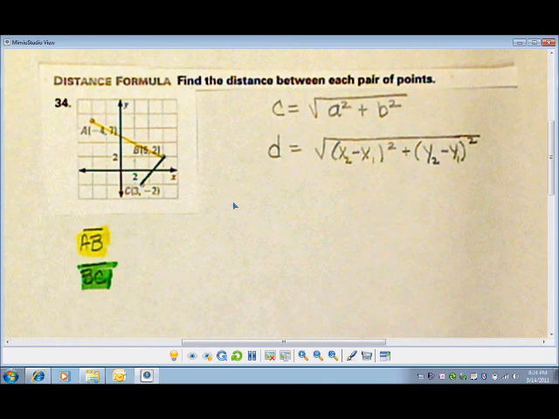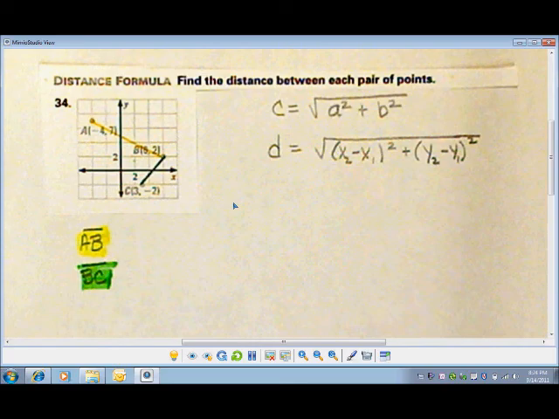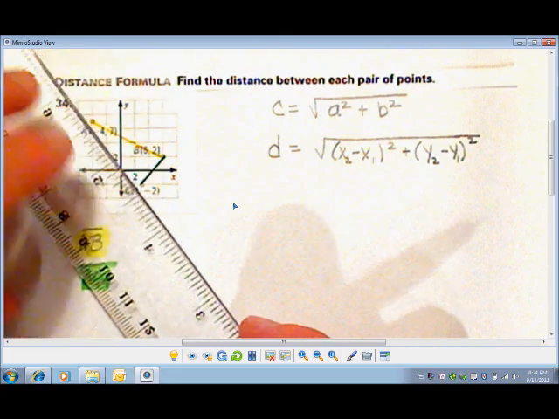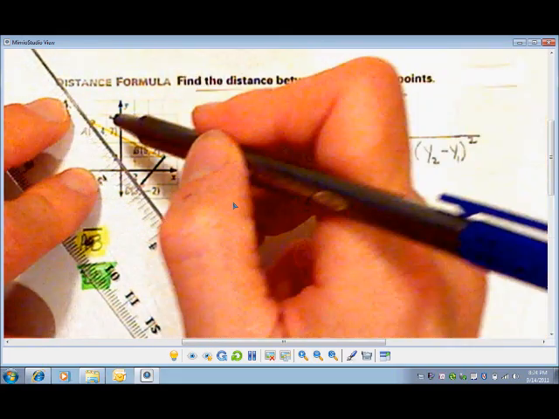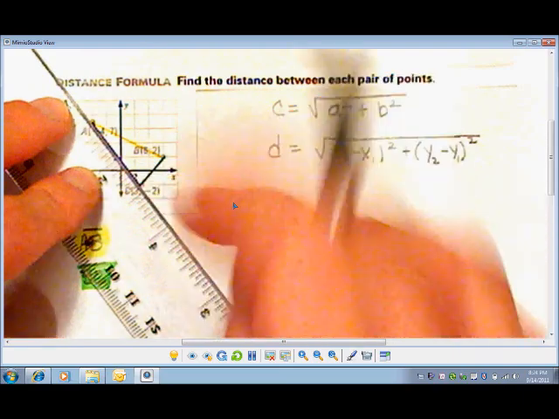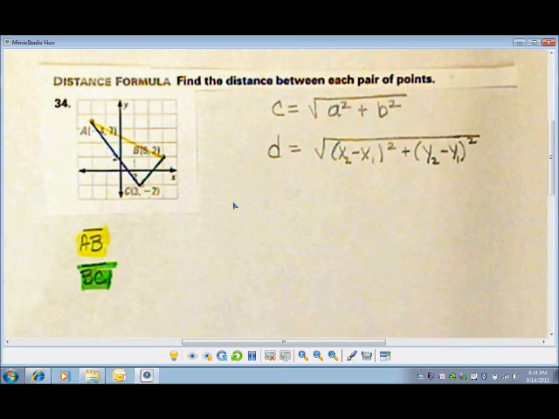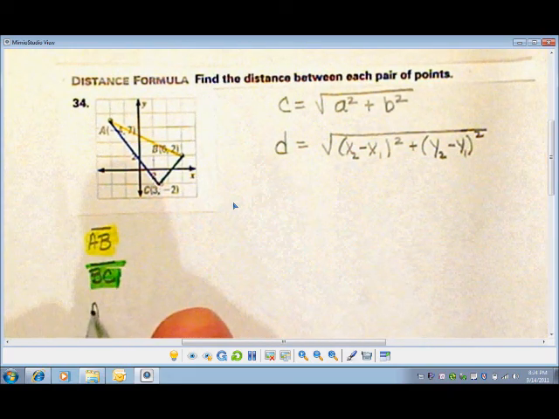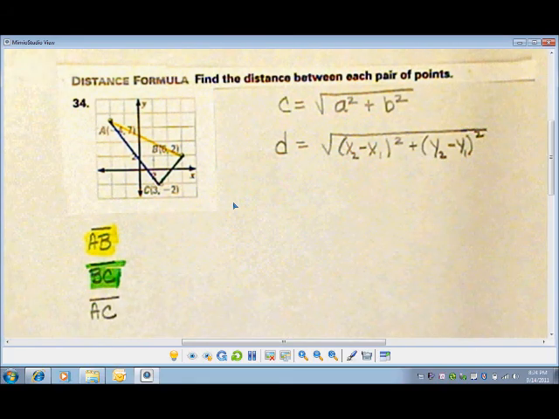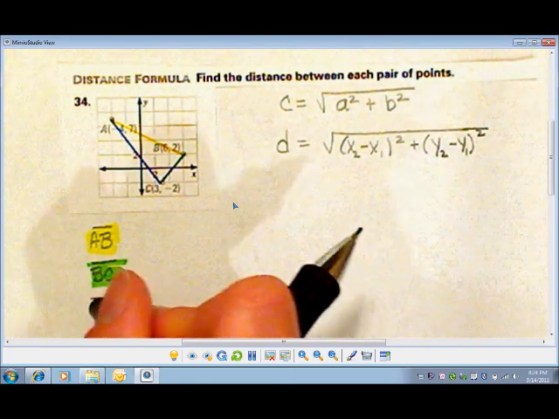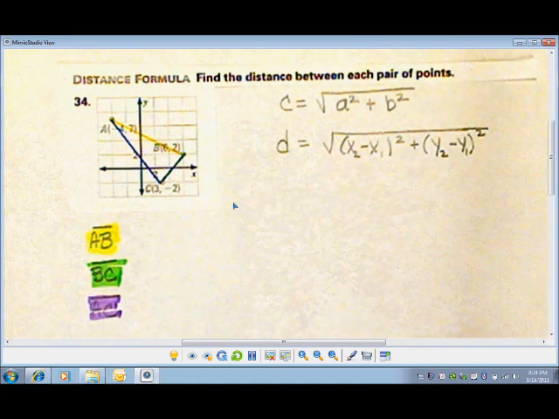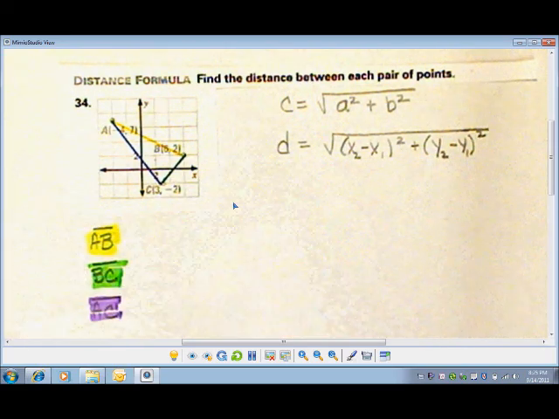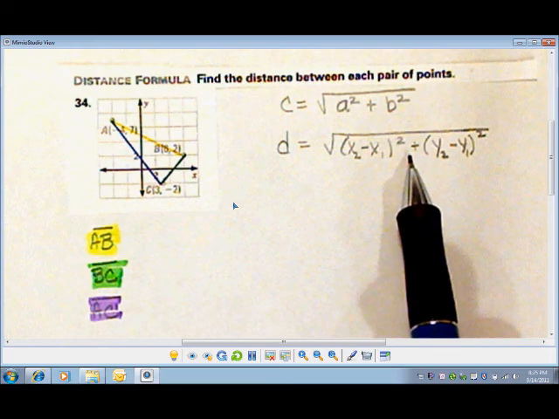And then I have the last line segment, which is AC. Which is that segment right there. So let's write that down, AC. And that one was my purple. Okay. So that means I'm going to have to find the distance of 1, 2, 3 segments. So I have to do the distance formula 3 times.